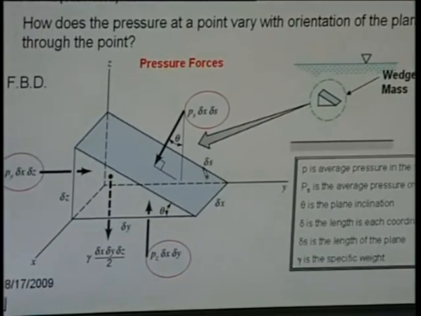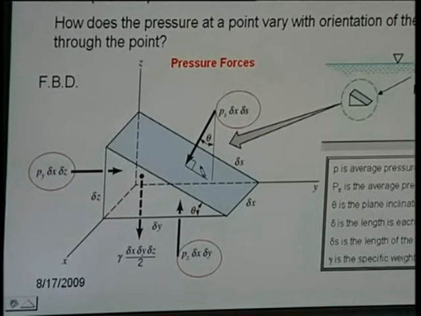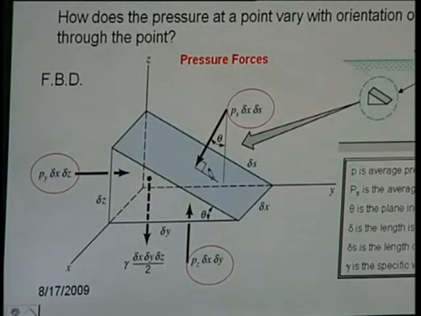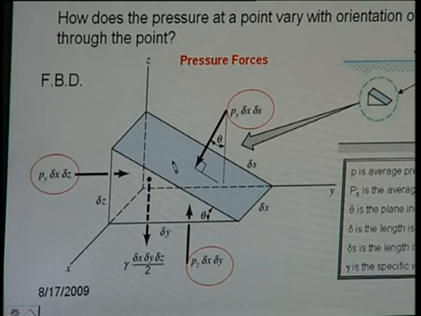Now when we have separated the wedge-shaped fluid element, we have to draw the free body diagram. To draw it, we have to apply all the forces coming on this element from the main fluid. The element is subjected to mainly two types of forces: one is known as surface force and the other is known as body force. Surface forces are those forces which act on the surfaces, like pressure force.